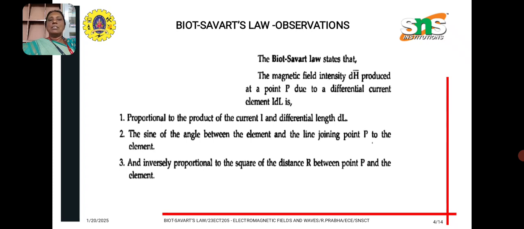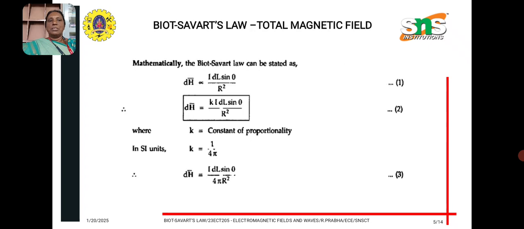And finally, it is inversely proportional to the square of the distance r between point P and the element. So we can express this with a mathematical expression according to Biot-Savart's law: dH is proportional to I dl sine theta by r square, and by removing the proportionality we can add the parameter k, which is the constant of proportionality.